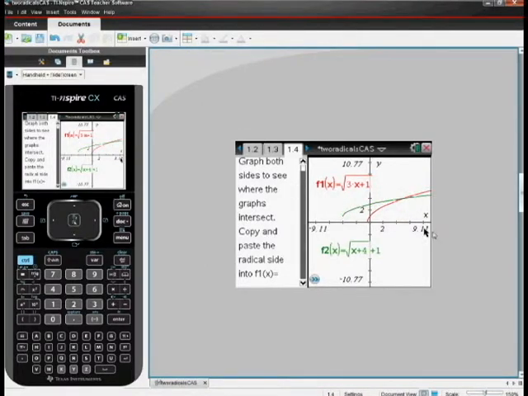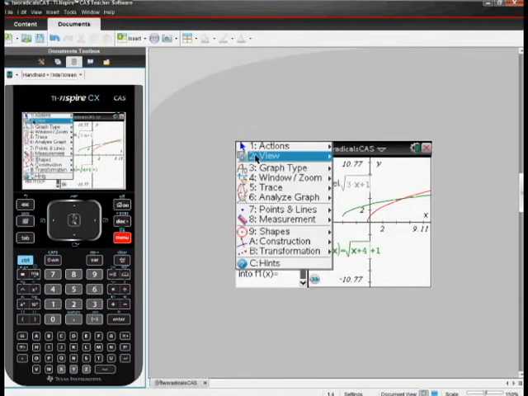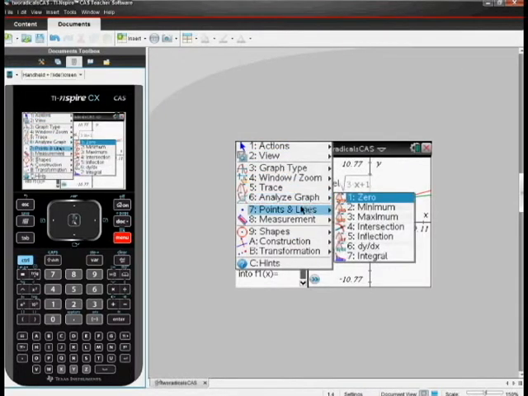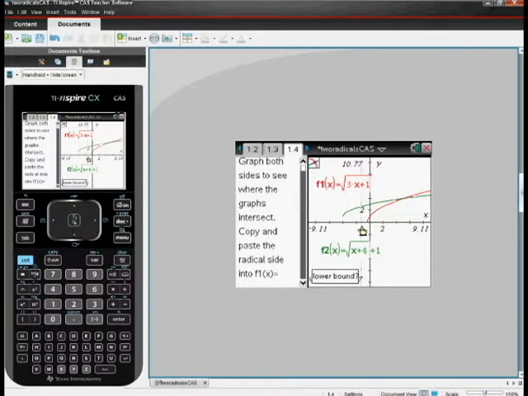So what we want to do is find the intersection of those, and it's a little difficult to do on this graph without any points, but the calculator will do that when you go to menu, analyze graph. Once you click the menu button, you can click 6, and we want to know what the intersection is, so 6, 4, and now we're going to have to give it a low bound.